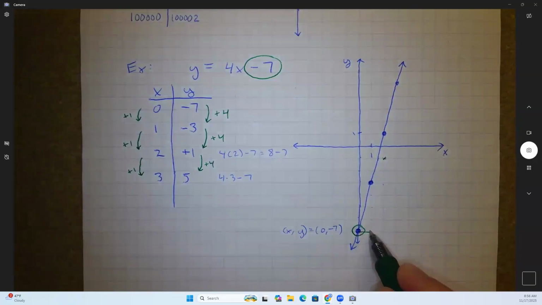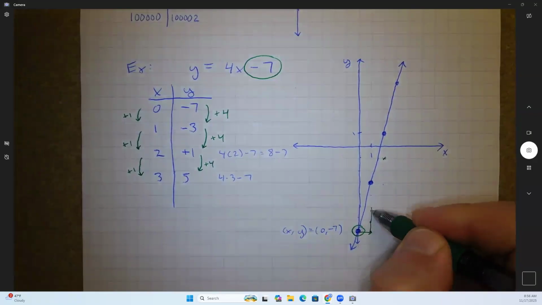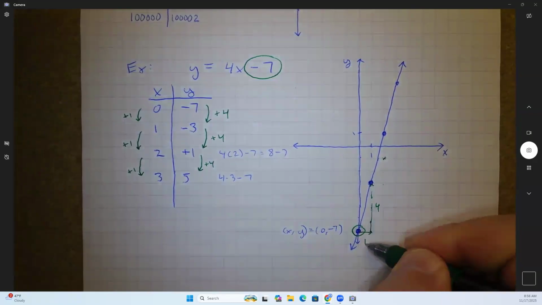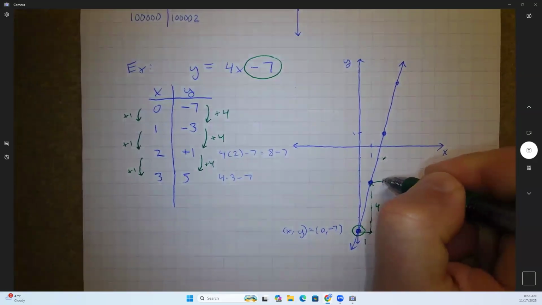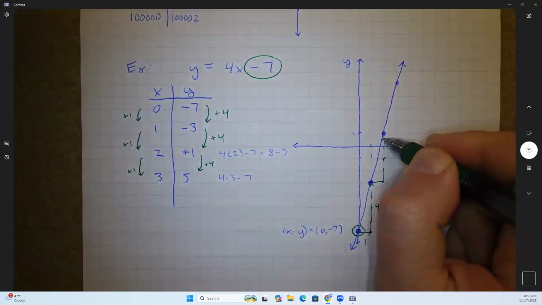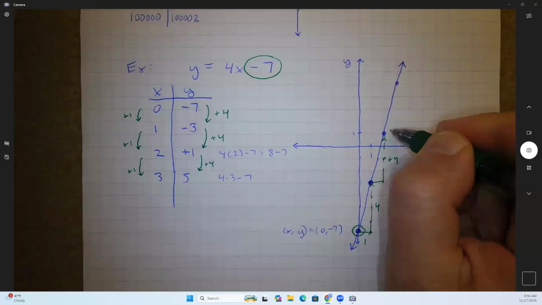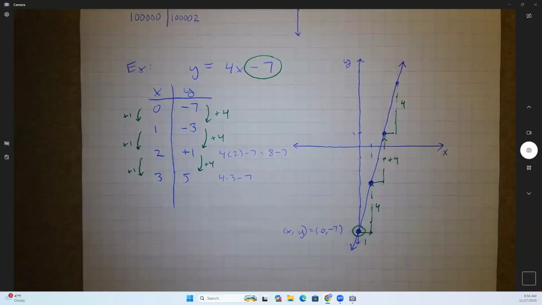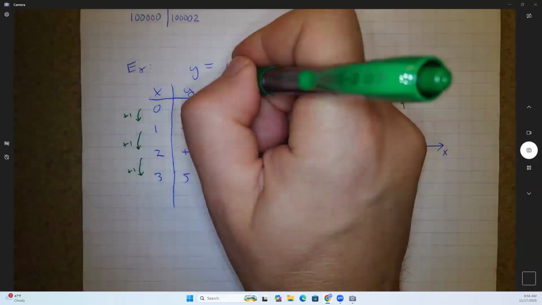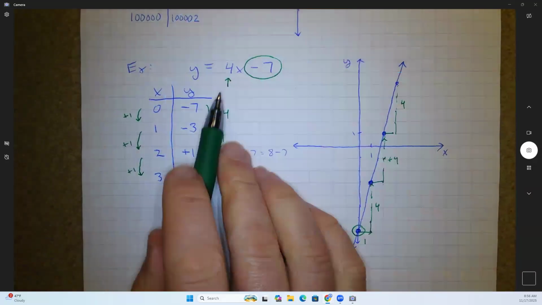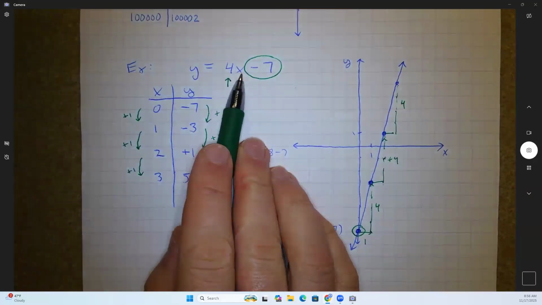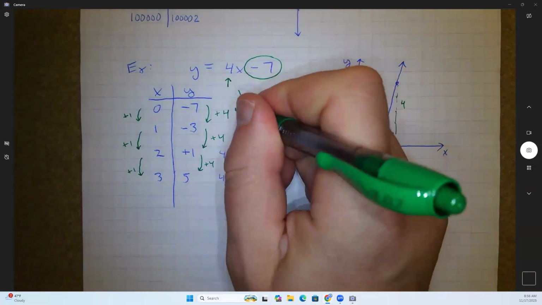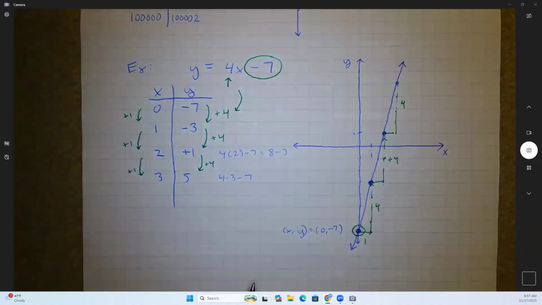When x goes over by 1, y goes 1, 2, 3, up by 4. Over by 1, up by 4. And that's exactly this number multiplied by the x. The 4x tells you when x goes up by 1, y goes up by 4.